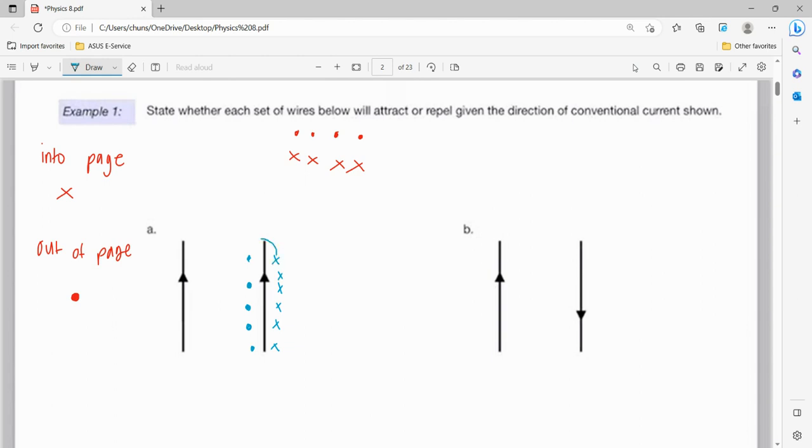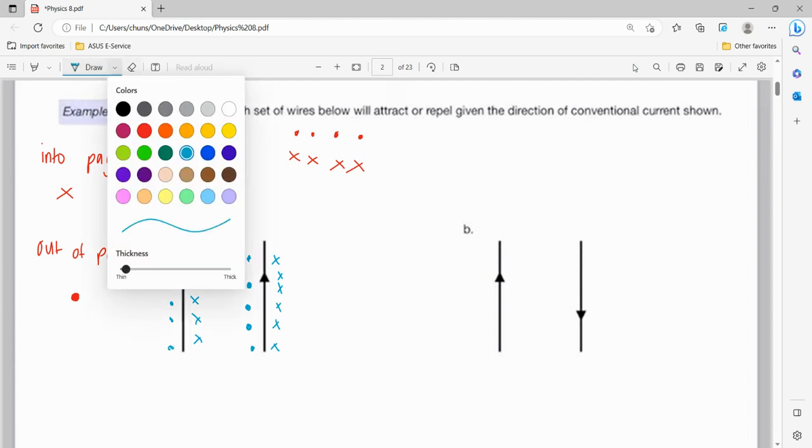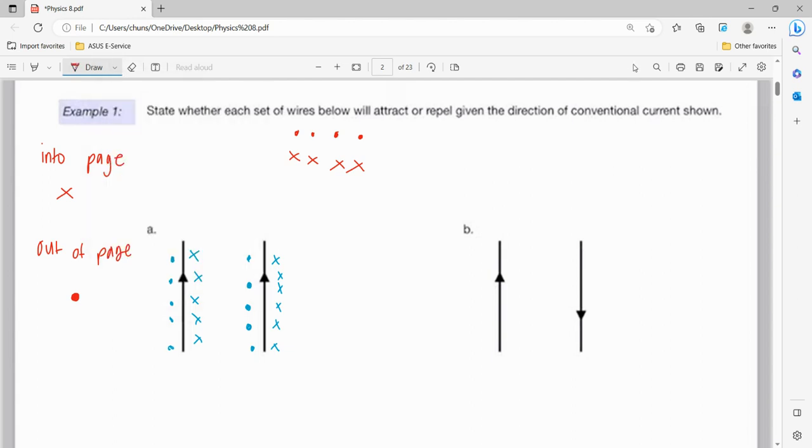So it kind of circles around it and comes back out. Now if we do the same for the other side, we would get the same results. And when we look at the region between these two wires, we see that they have opposite directions. So in this case, this would be an attractive force between the two wires based on the magnetic field that they produce.